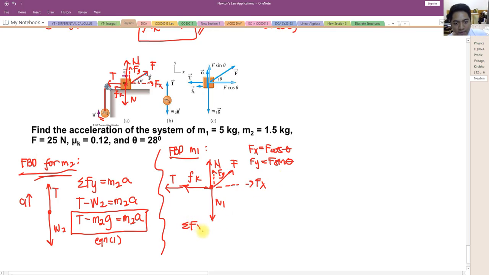So the summation of Fx equals m sub 1 times a. It's moving. It's not constant speed, but it's moving. So for the summation of Fx, to the right we have Fx, the x component of the applied force, minus tension, minus kinetic friction force, equals m sub 1 a.